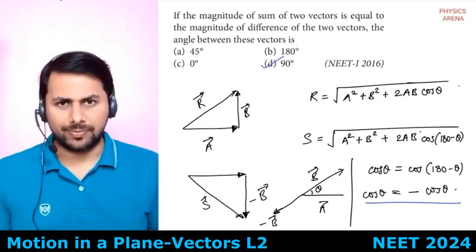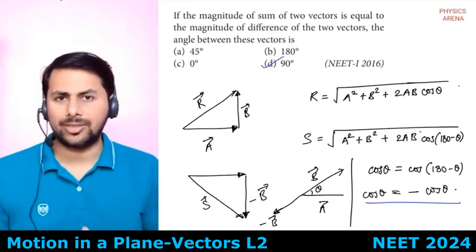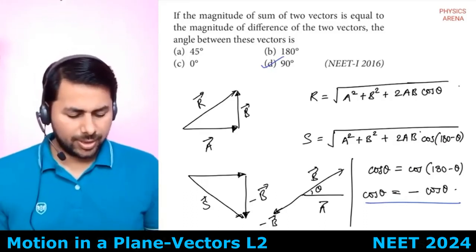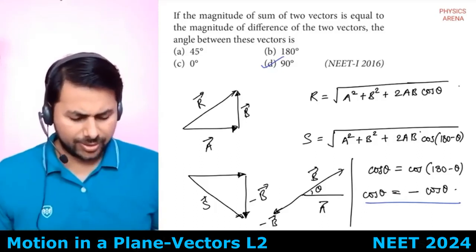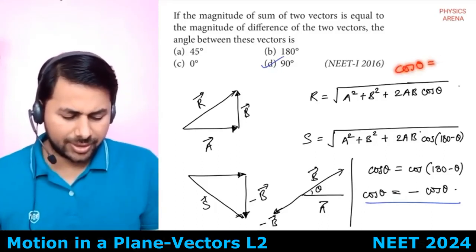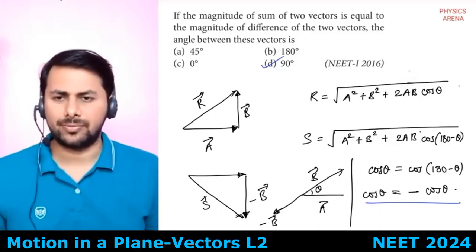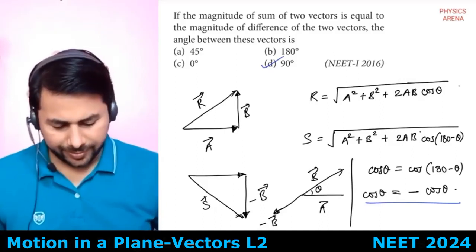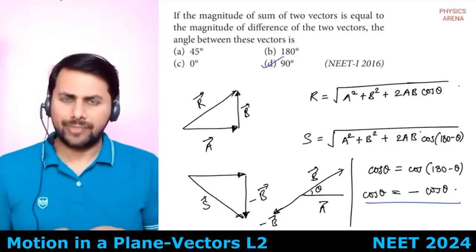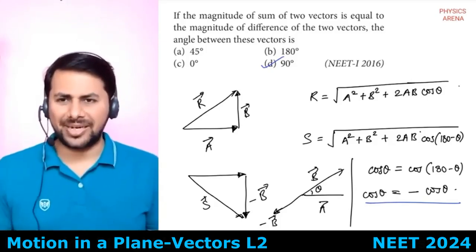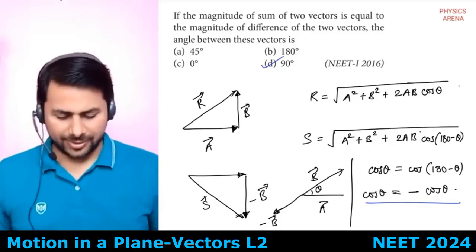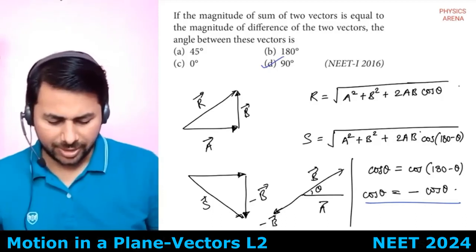It is minus cos theta. So how can this be equal? Maybe you will write it down, cos theta is equal to minus cos theta. That means cos theta must be 0. Anyways, maybe it will take 1.5 minutes at max, but this is sure shot, right? So you should attempt this question.